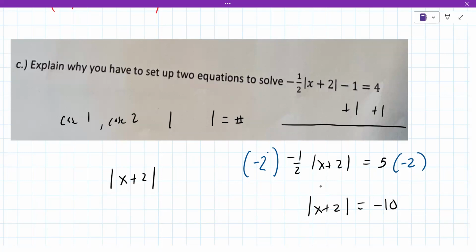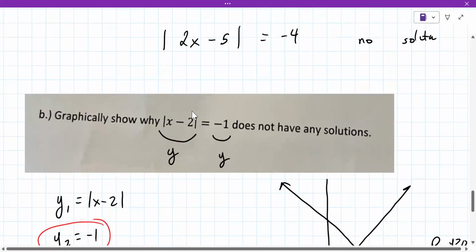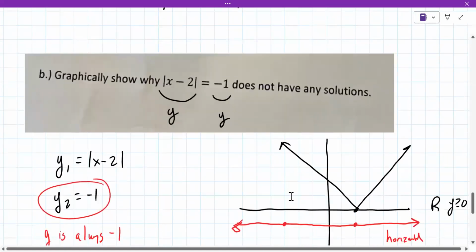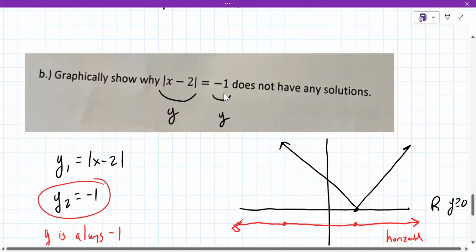All right. Now, do you see any issues with what is written here in terms of solving it? Like we're about to solve, but do you see any problems? Why doesn't this have a solution? What's the issue with this? It has to do with this number over here on the right.